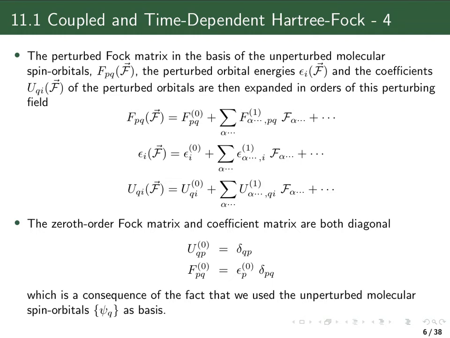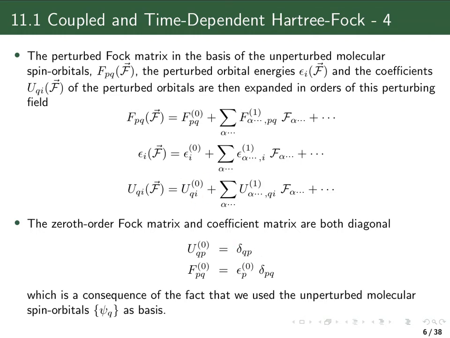We will write the first order terms directly as a product of the corresponding component of the field here and a first order correction to the Fock matrix, to the orbital energies, and to these expansion coefficients collected in this unitary matrix U. Now, since we are in the basis of the unperturbed orbitals, the zeroth order contribution to this expansion matrix is diagonal.